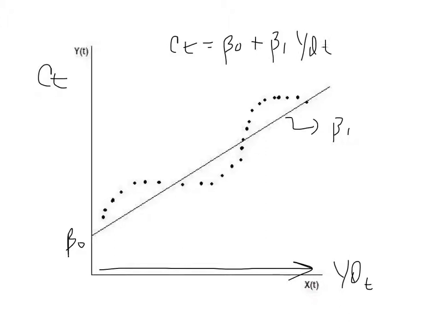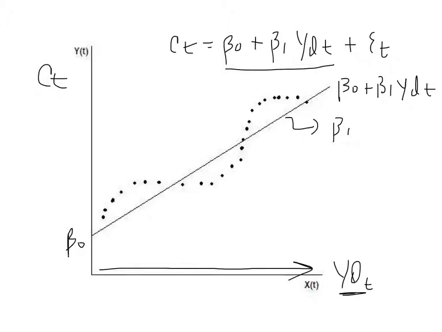The deterministic part of that is this, so the line's equation is that. So we have a model that's going to predict consumption based only on our disposable income values.